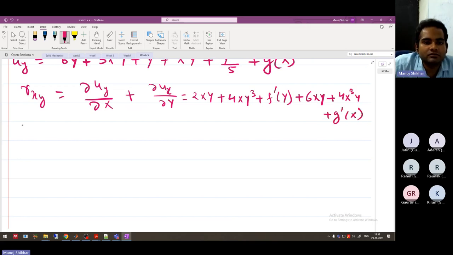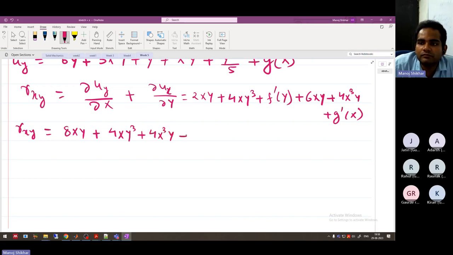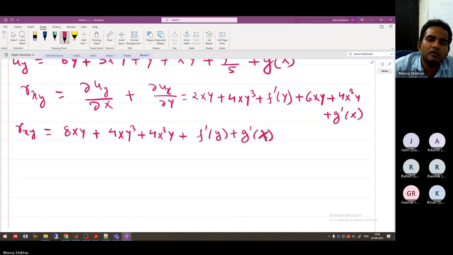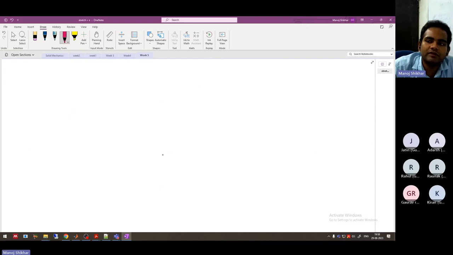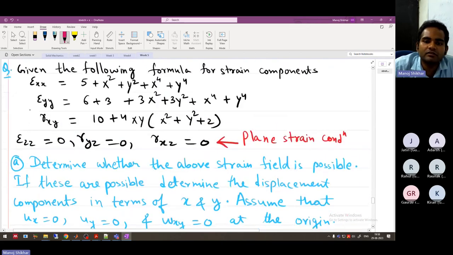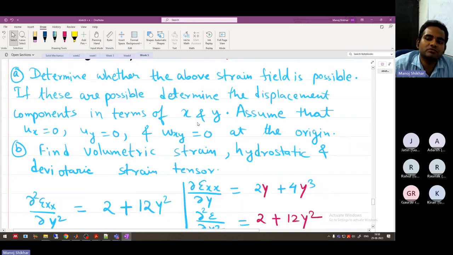Okay, so let's arrange the terms. 2 plus 6, 8xy, plus 4xy cube, plus 4x cube y, plus f prime y plus g prime x. Also, you have been given the expression for gamma xy here: 10 plus 4xy times (x square plus y square plus 2).